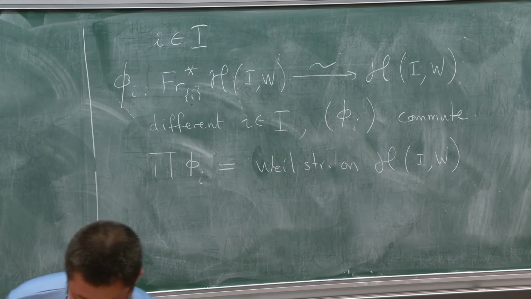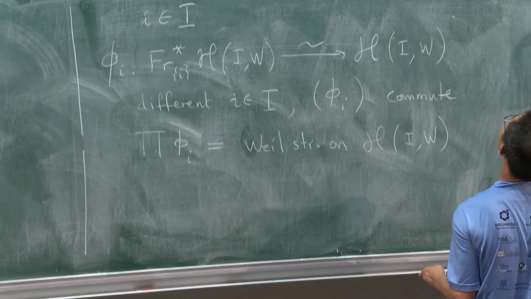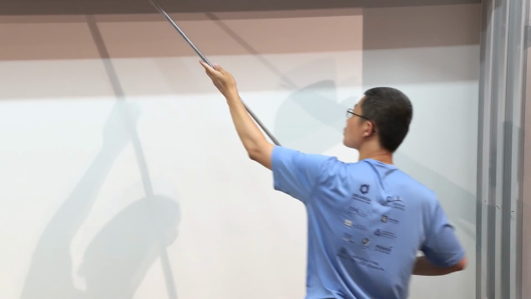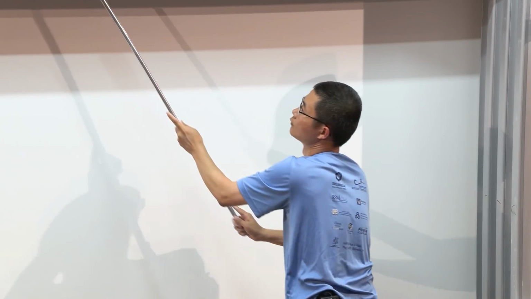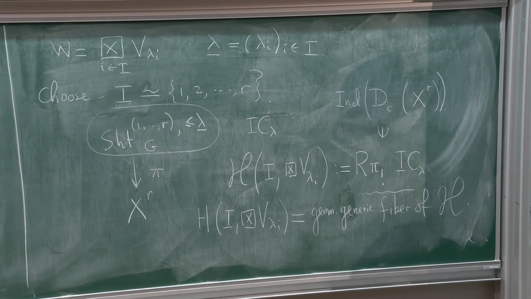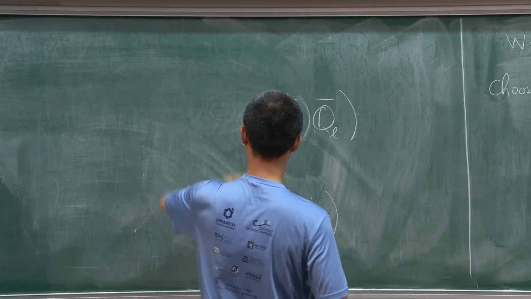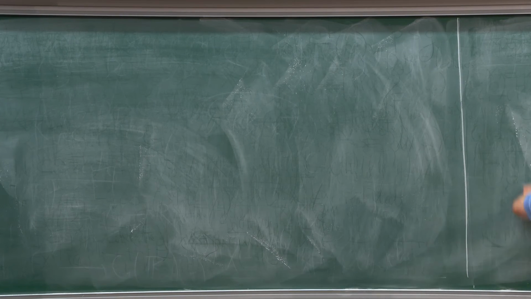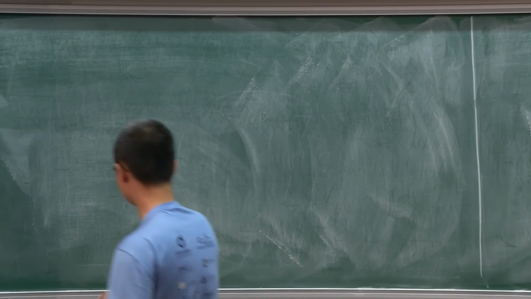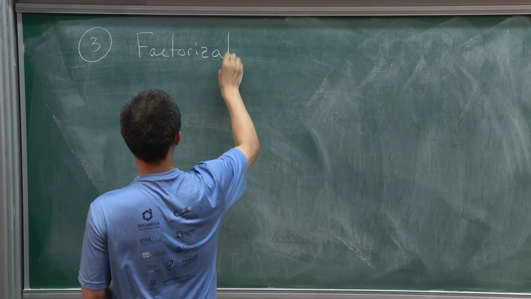Okay. So I just want to mention the last piece of structure. The last piece of structure is called factorization structure, or maybe fusion.